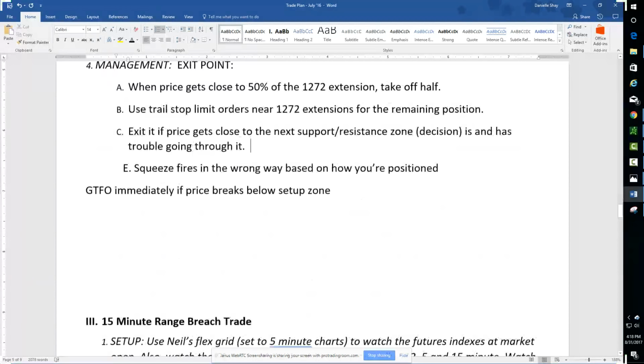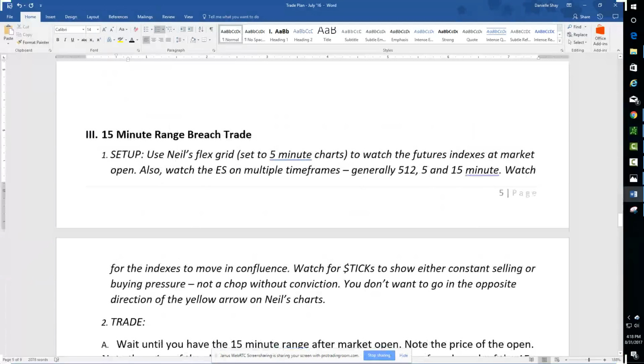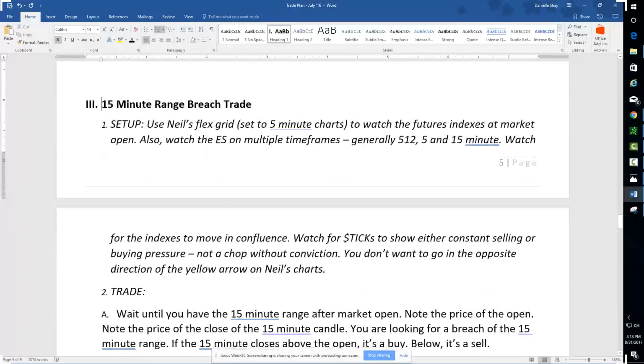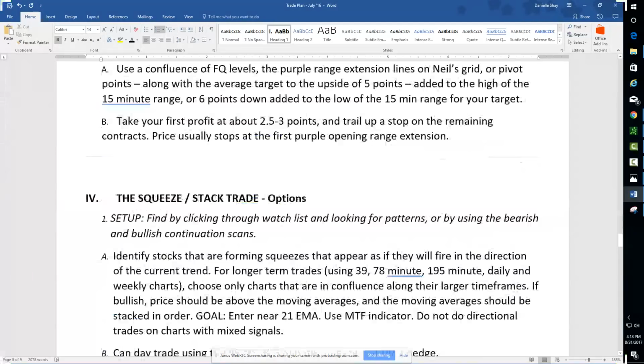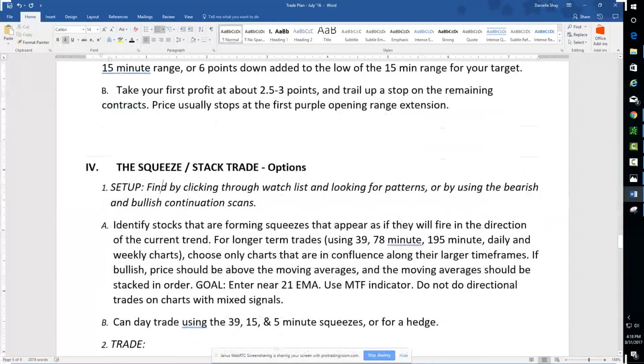All right, so there's that. I'm not going to go over this entire trade, but I am just going to leave it right here in my trade plan for you guys. This is a futures trade, an ES trade that Neil taught me. Really awesome trade. All of the parameters are here exactly as I use them, so you can go ahead and read through that.